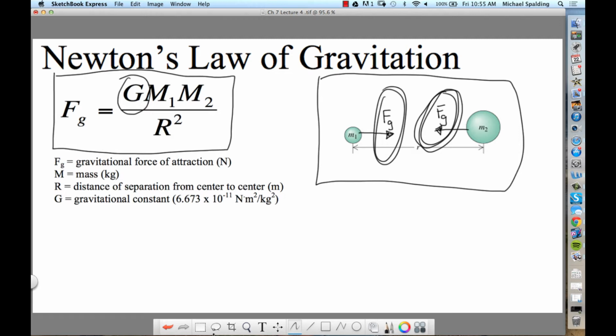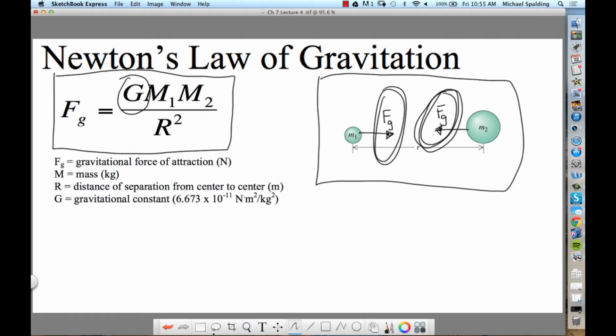No. Now, didn't we just say that all objects in the universe are attracted to each other? Yeah. So why aren't I feeling a force of attraction between these two objects? The masses are too small.